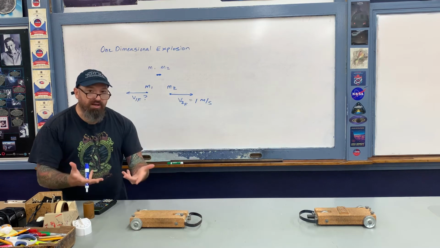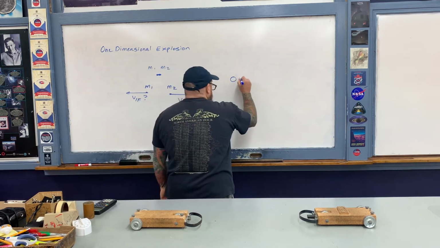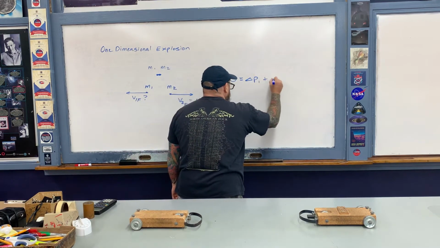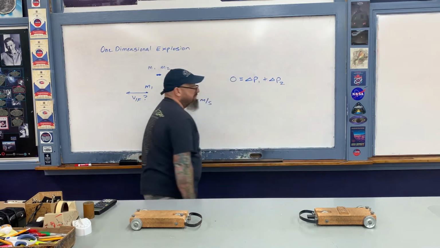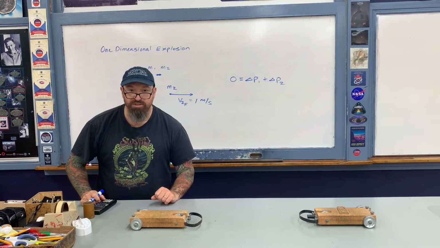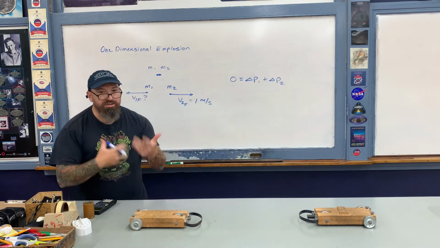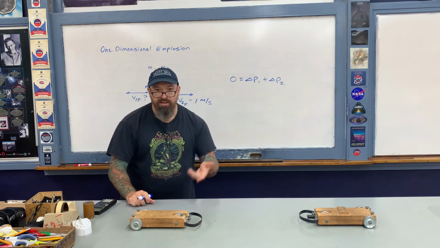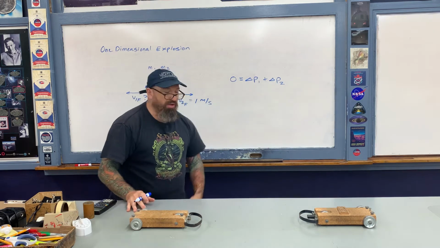And now we set up our conservation equation. So the change in momentum of number 1 plus the change in momentum of number 2 is equal to 0. This is a one-dimensional problem, so I can go ahead and drop the vector symbol for that reason. And now let's just start filling in our terms of final minus initial of mass times velocity.